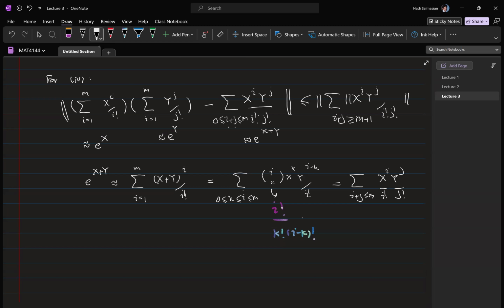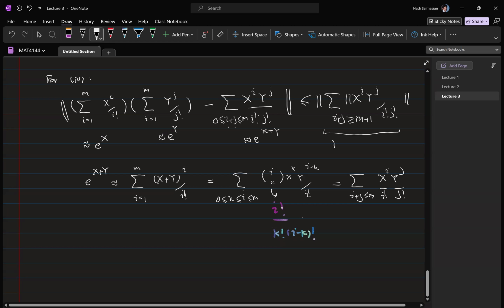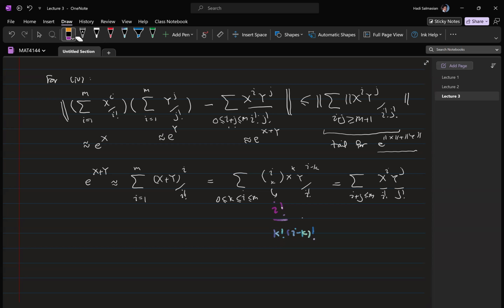But now what we get here is the tail of the series for e to the norm x plus norm y. If you write the terms of the series, because of this condition you get the tail of this series, so it goes to 0 because this is like the exponential of some real number. There are no matrices anymore here. So it goes to 0.